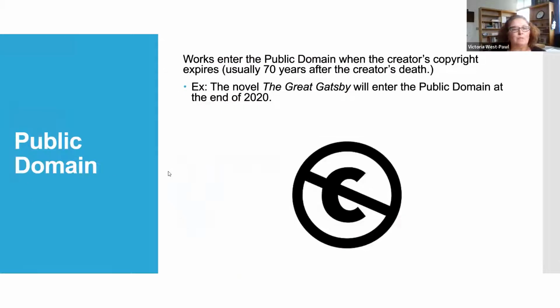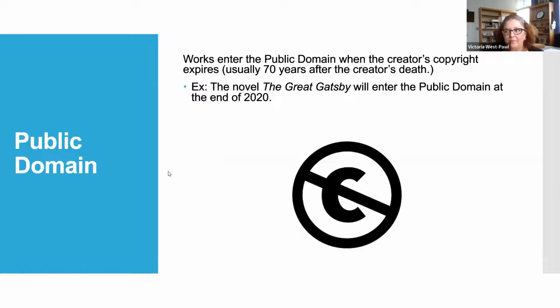All right, so public domain. This is another place where you can get open material. What this means is that these works are not restricted by copyright. People are welcome to adapt, copy, or reuse the works that are in the public domain.